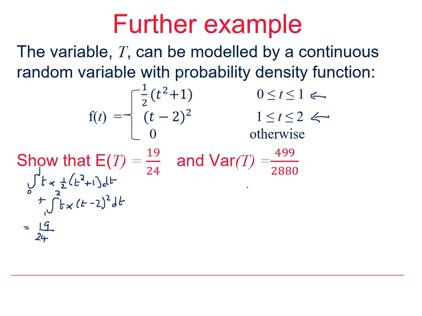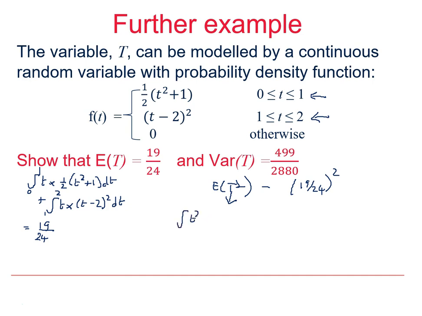And similarly with the variance, we need E of t squared minus the mean squared. Don't forget that minus the mean squared. And to find E of t squared, you would be doing that in two parts.